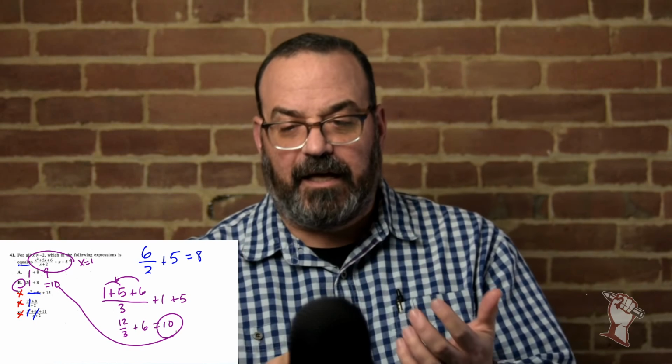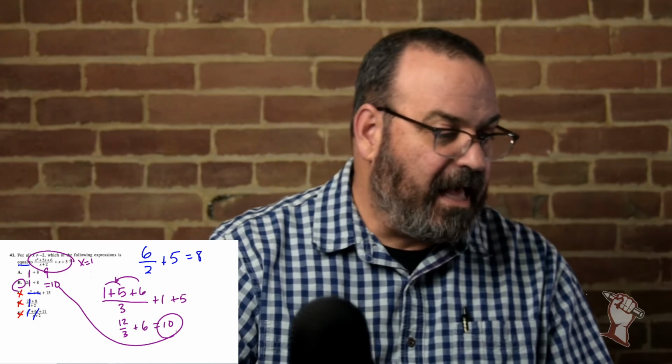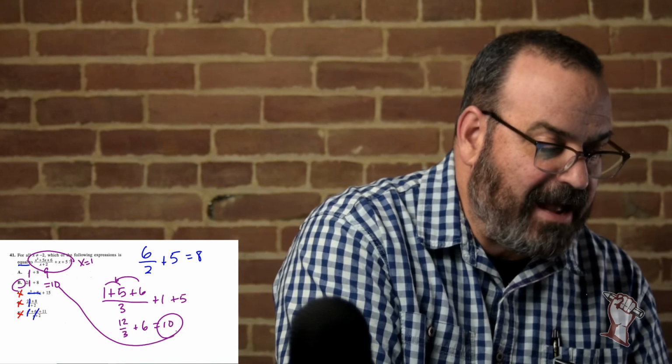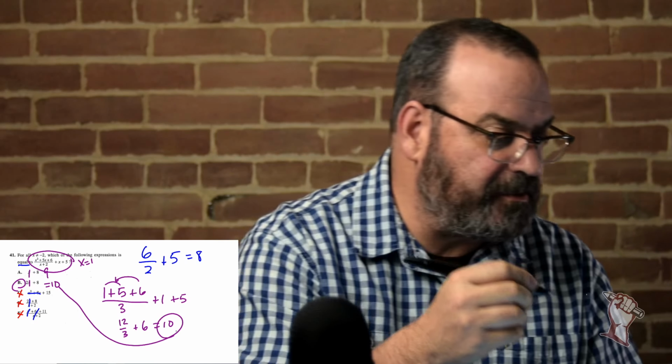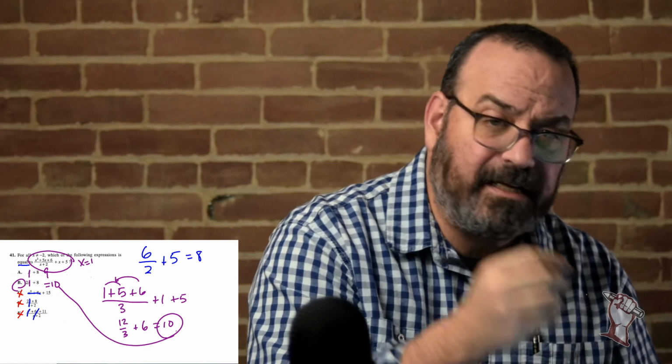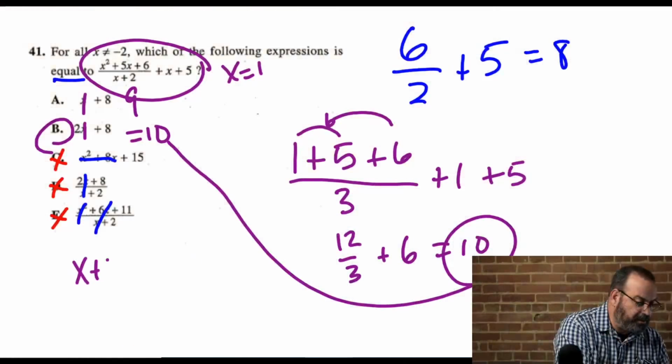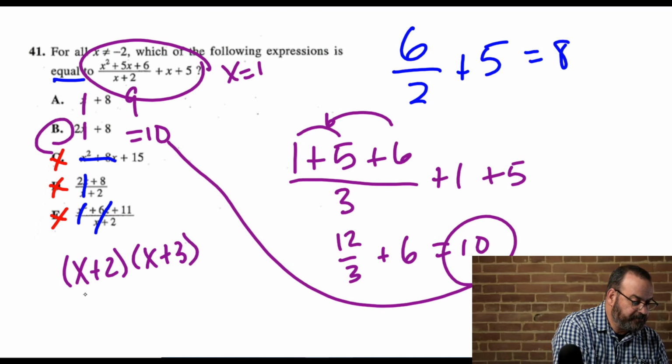If you'd really like me to go through some algebra, I'll do this whole problem with algebra. And what it is is factoring. The clue to most of these is what's the denominator. Well, the quadratic x squared plus 5x plus 6 factors into x plus 2 times x plus 3, all divided by x plus 2.